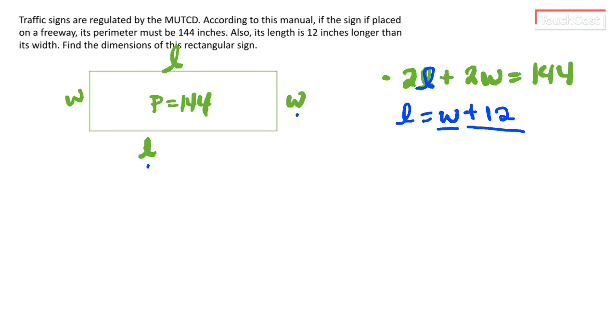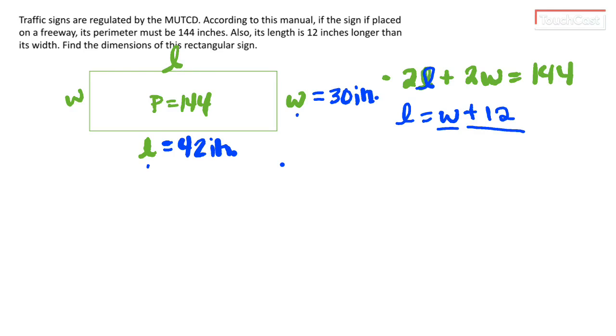And what I'll do again is we've set up the two equations. You go ahead and solve them, press pause, and I will give you the answer in just a second. So when we solve, we should get that the length is equal to 42 inches. It's always a good idea to add labels. And then we get that the width is 30 inches.